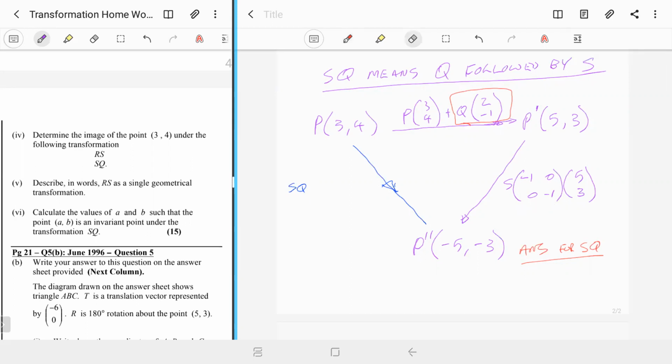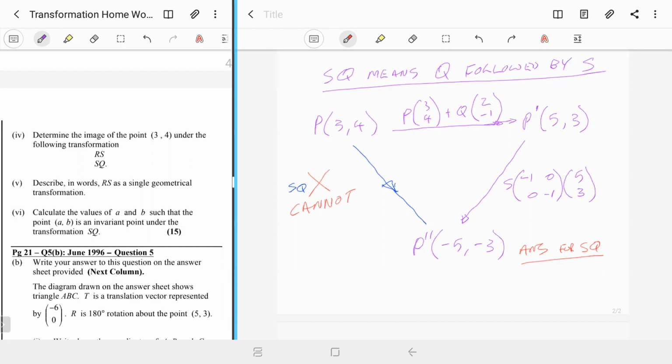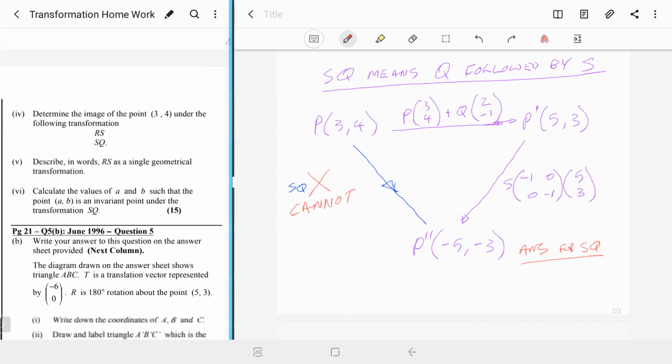But the point now is that this one we cannot do in a single step. Why can't we? Because a translation is involved, which is not a 2x2. You can only do a single step and get a single matrix when you have 2 2x2 matrices involved. Let me see if I can find it and show.